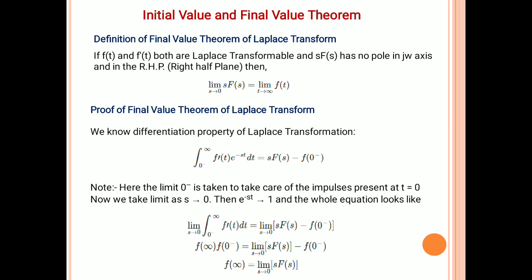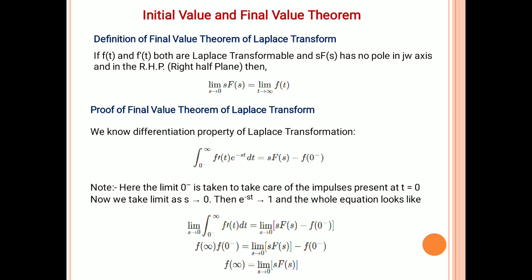Now from the differentiation property of Laplace transformation, we can write the integral from 0- to infinity of f'(t) e^(-st) dt = sF(s) - f(0-). So here the limit 0- is taken to take care of the impulses present at t = 0.